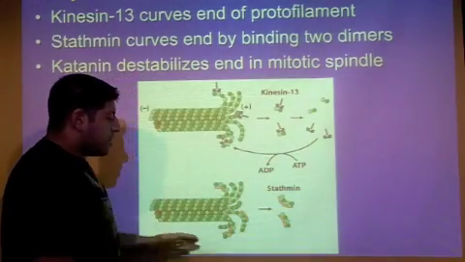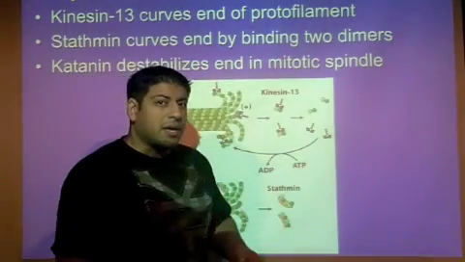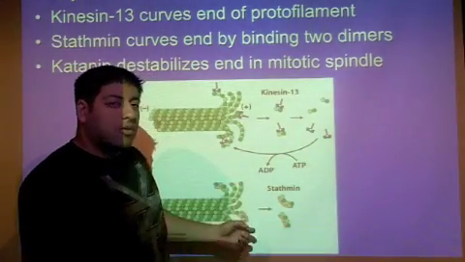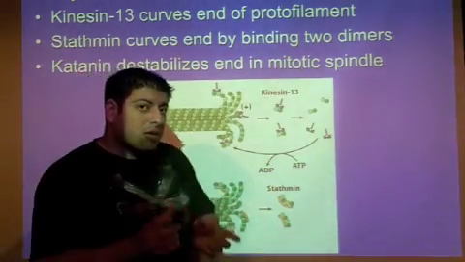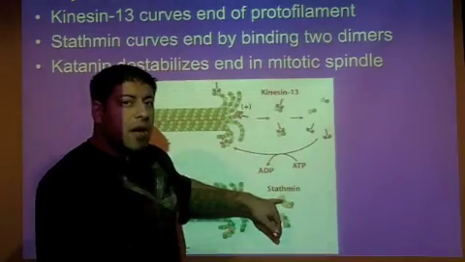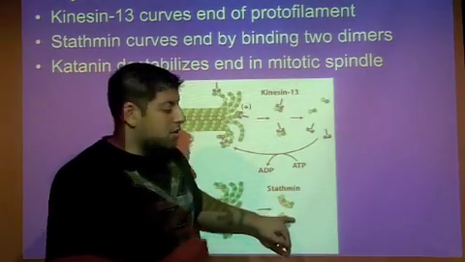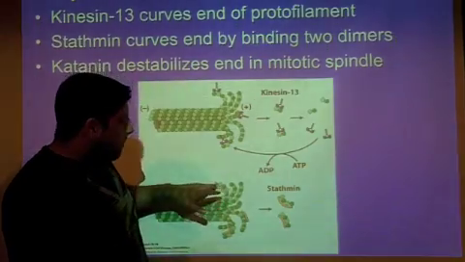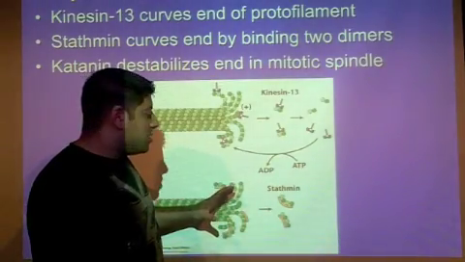Now, with stathmin, it's a little bit different. Again, stathmin is activated by ATP, and it too is going to disassemble the microtubule at the plus end. But stathmin is a longer protein and has the ability of breaking off a pair of these alpha-beta tubulin dimers. So here again we have the stathmin binding to the microtubule that's about to disassemble.